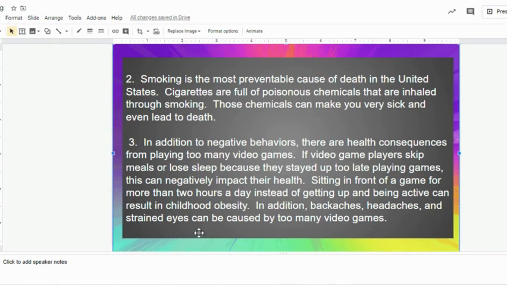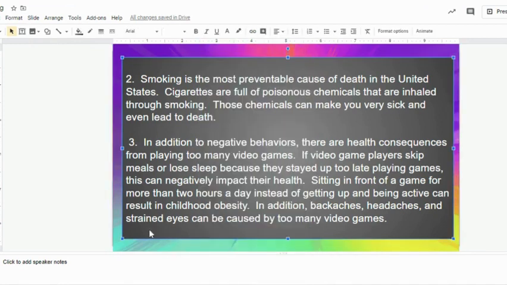So I think, again, you can probably tell from this paragraph that the author's perspective, their point of view, their position, however you want to state that, is that video games are not really a good thing. They're not good for us if we play too many video games.